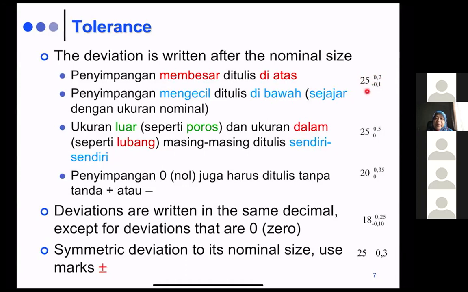However, because of your machinery or the method you're using, if you make it 25.4 millimeters, it's not acceptable. So the tolerance, the upper and the lower, is actually the maximum limit, the upper limit and the lower limit. Okay, so the upper level and also the lower level.